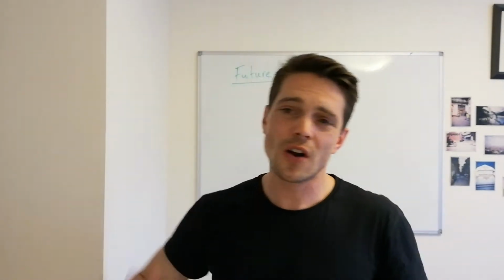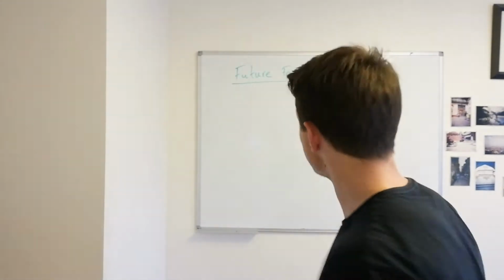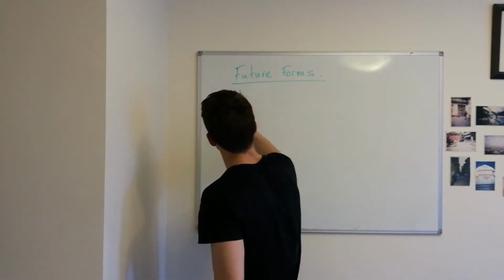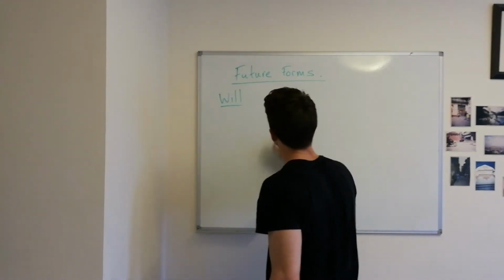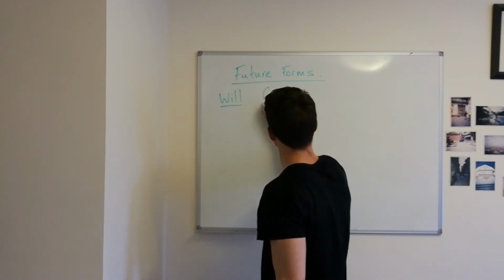Now, in English, there are four main ways of expressing the future. And which one we choose depends on our attitude of what exactly we want to say. So let's take a look at those four ways. The first way is by using the verb will. Second one is by using going to.